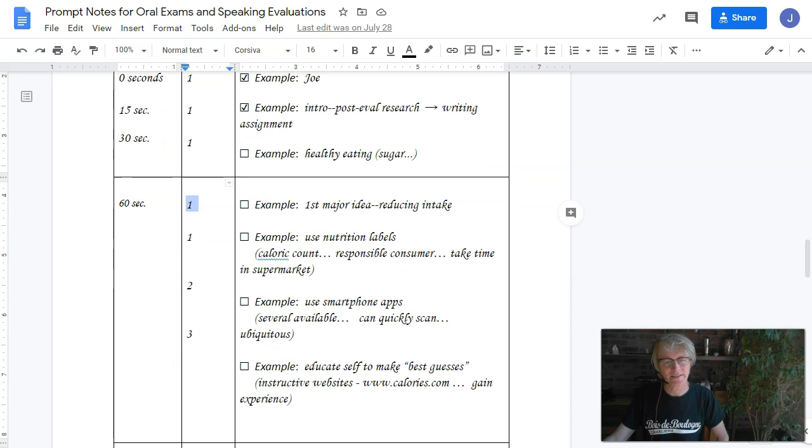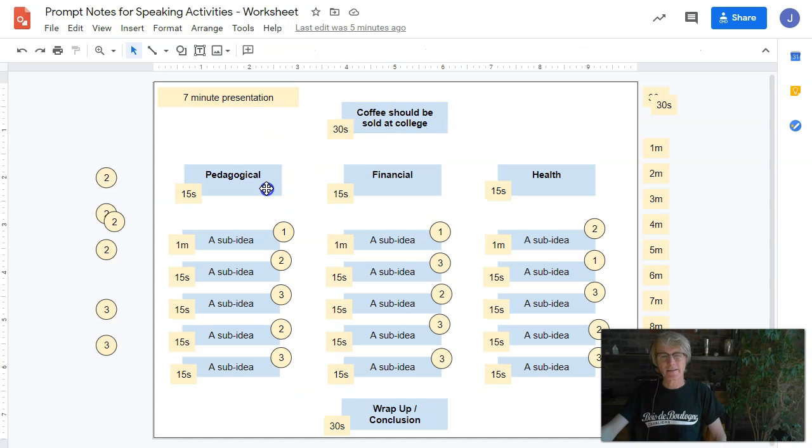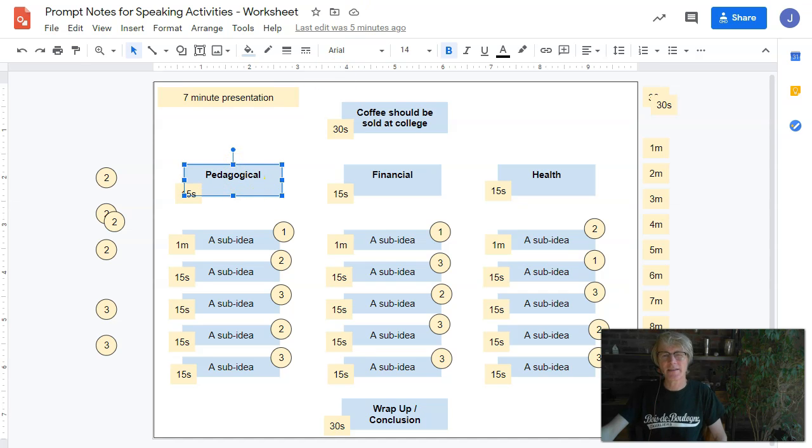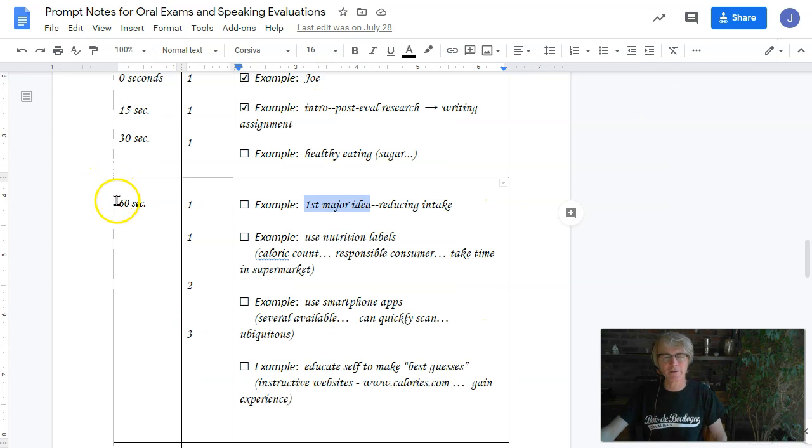So what I'm saying is this. This is our first major idea. So that would be the equivalent of the pedagogical thing. So we've decided that in total for that, we want to commit 60 seconds total to that idea. And so what you do is you begin speaking about that idea, keeping an eye on the time.